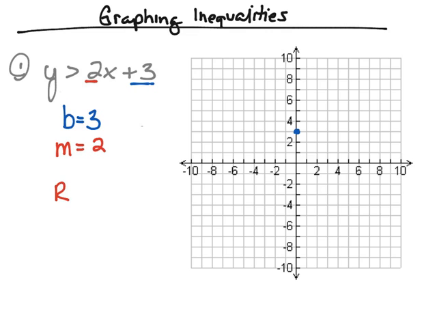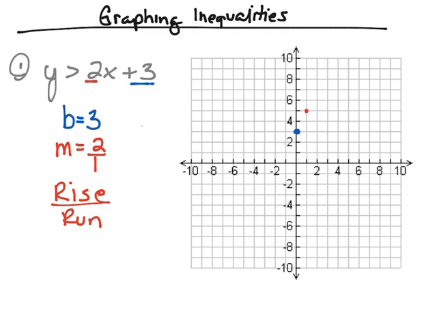But recall we did define slope as rise over run. So I'm going to make our slope a fraction, and we can turn that 2 into a fraction simply by putting a 1 underneath it. So now we have 2 over 1. Now that I know my slope is 2 over 1, from that y-intercept I'm going to rise 2, then I'm going to run 1. So it's up 2 and then over 1.